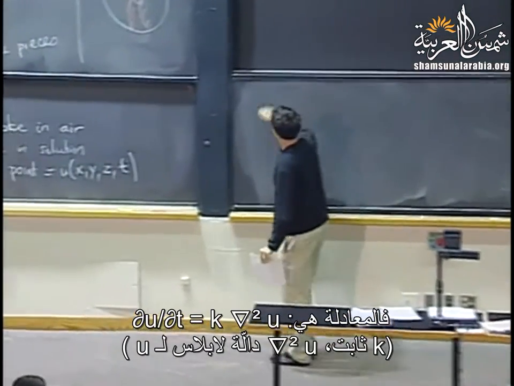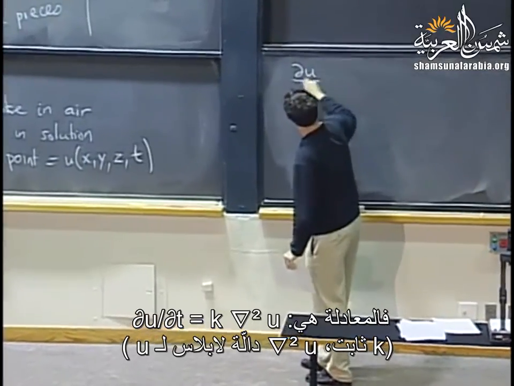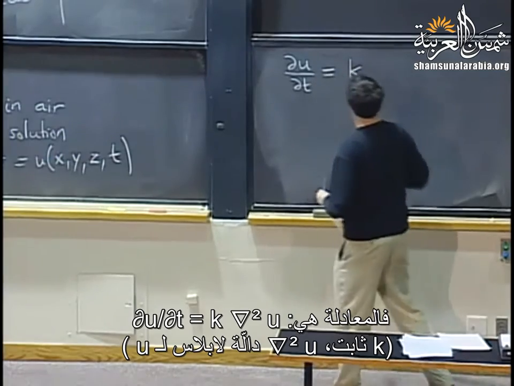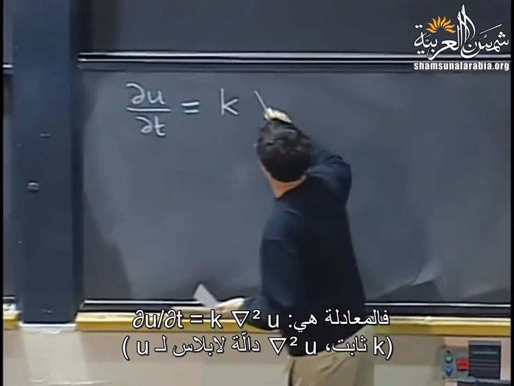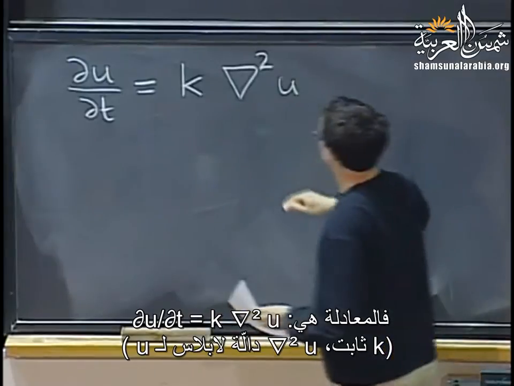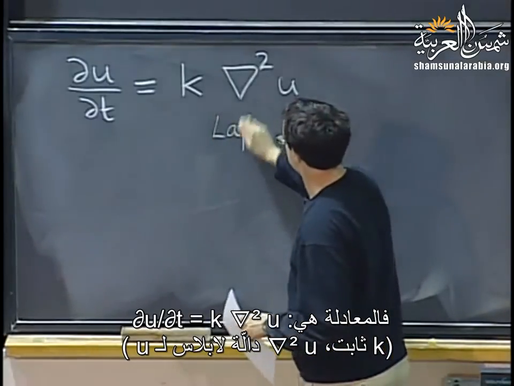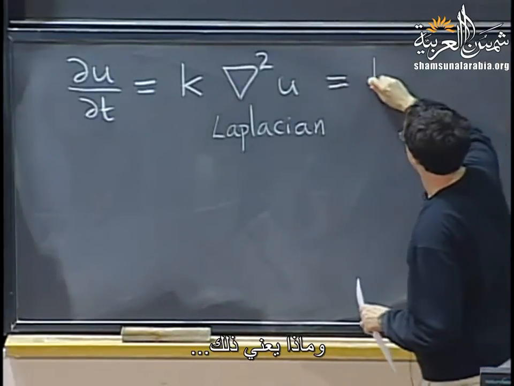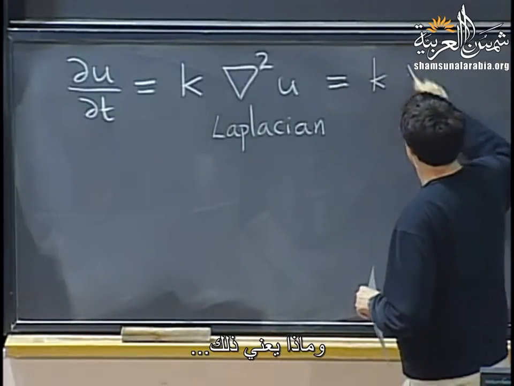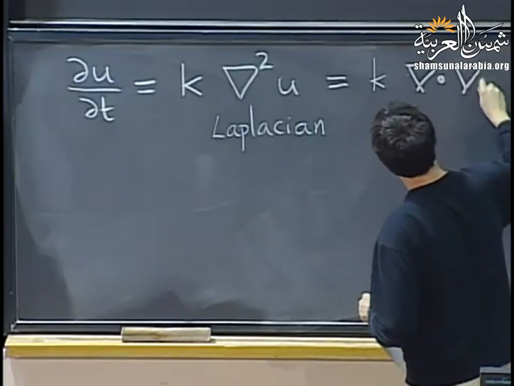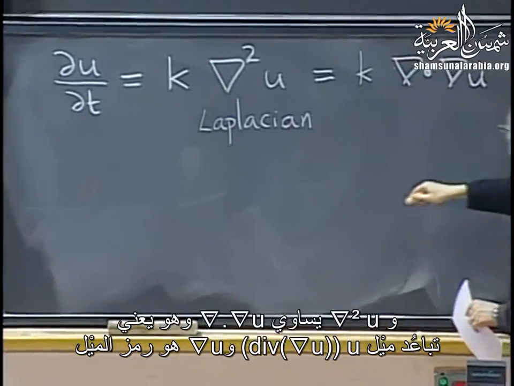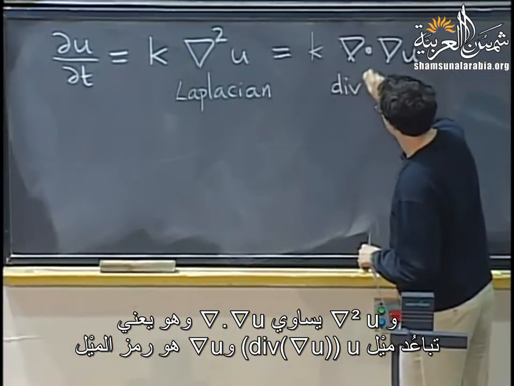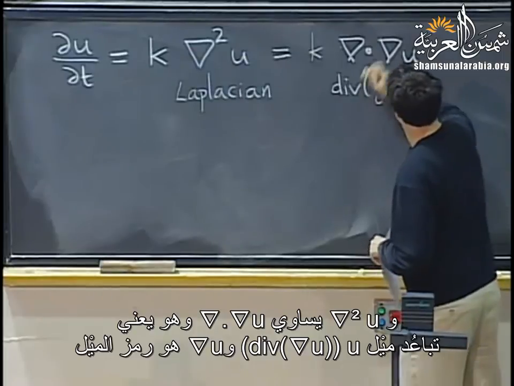So what's the equation? The equation is partial u, partial t equals some constant, let me call that constant k, times something I will call del squared u, which is also called the Laplacian of u. And what is that? Just to scare you, del squared is the divergence of gradient u.